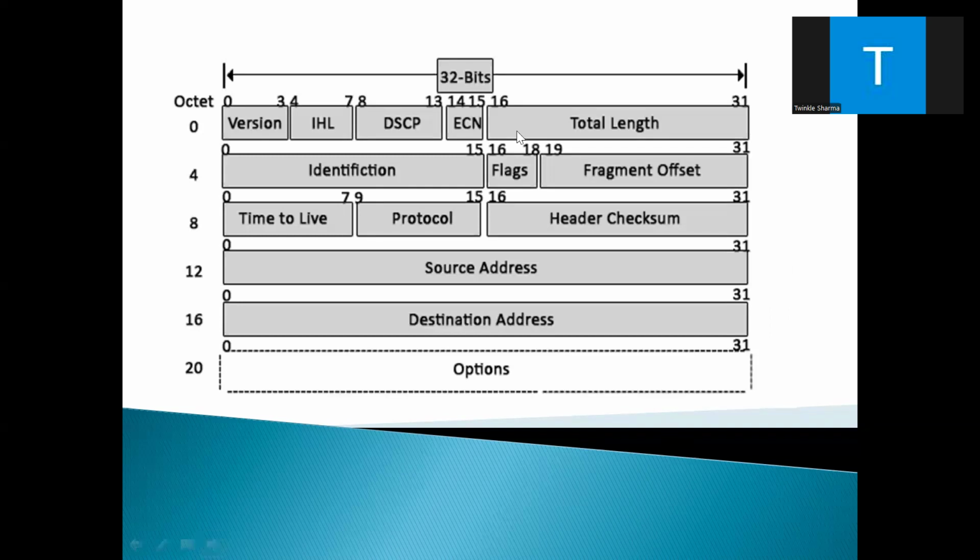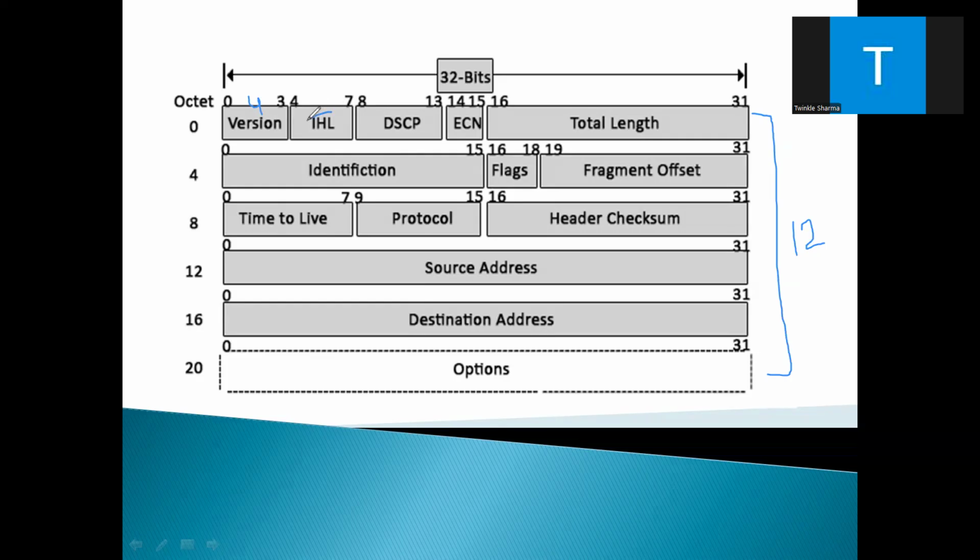This is the structure of our IPv4 header. The IPv4 header contains a total of 12 fields. These are the 12 fields. The version field is 4 bits.